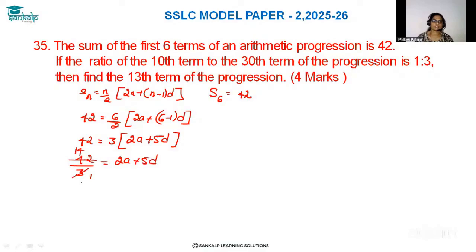So 14 is equal to 2a plus 5d. Take this as equation number 1.